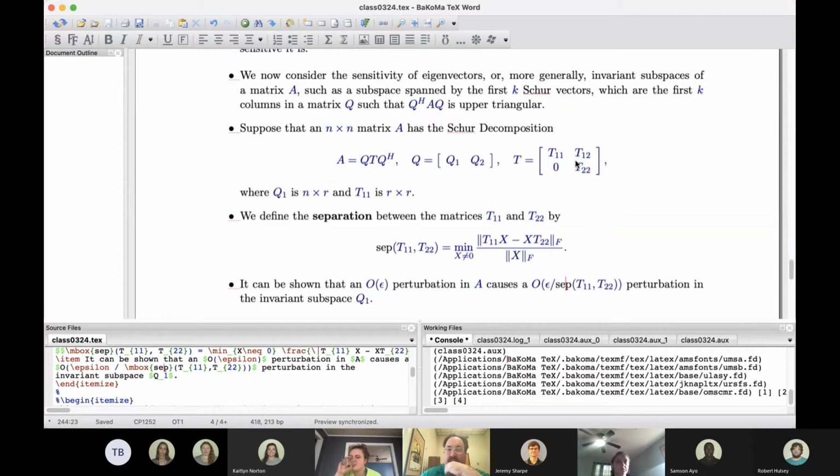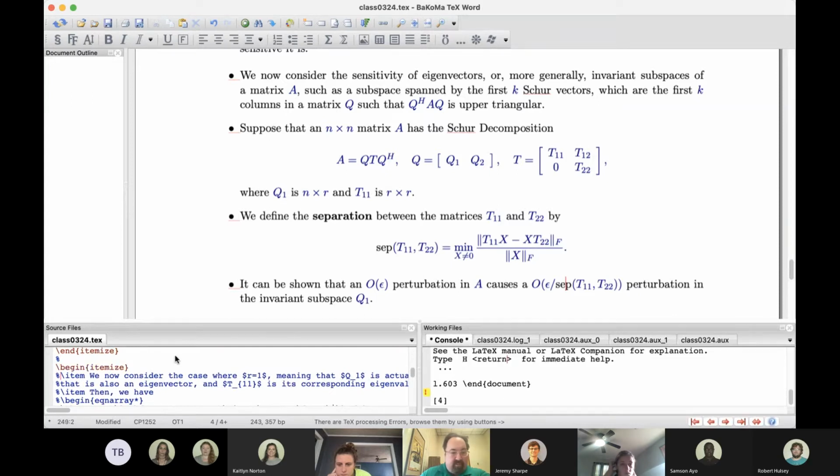So the question is, how separated are these matrices, T11 and T22, and that's defined by this measure here. So the less they are separated, the more sensitive this invariant subspace Q1 is to perturbations in A.